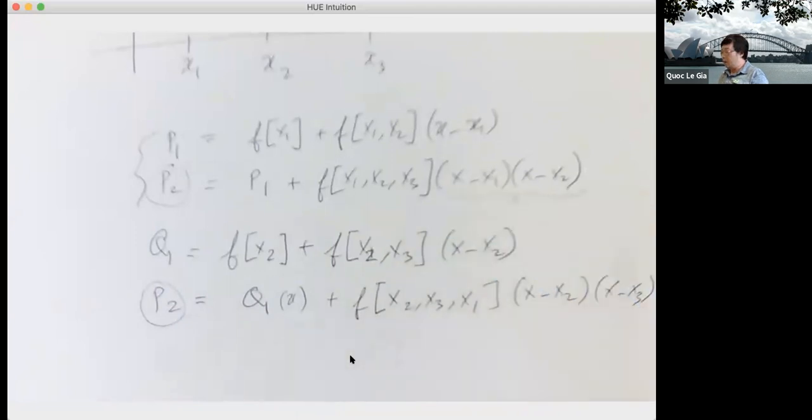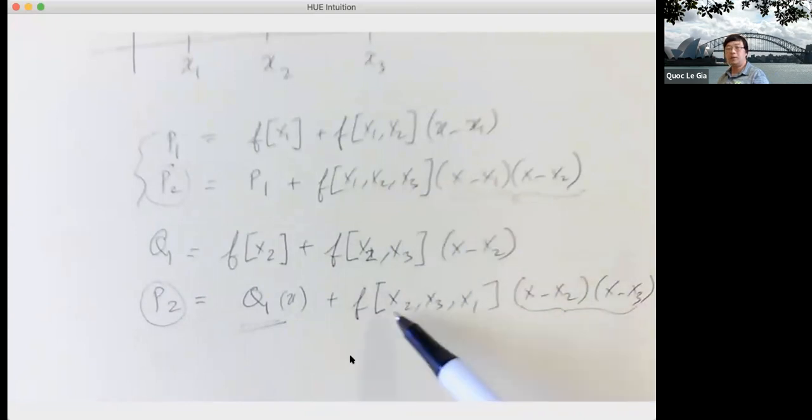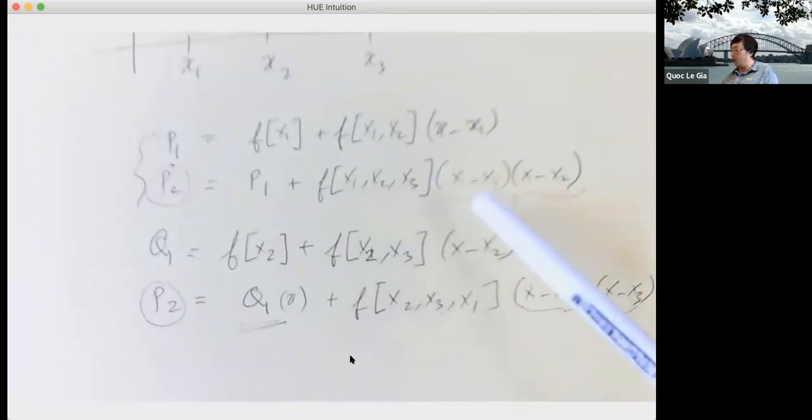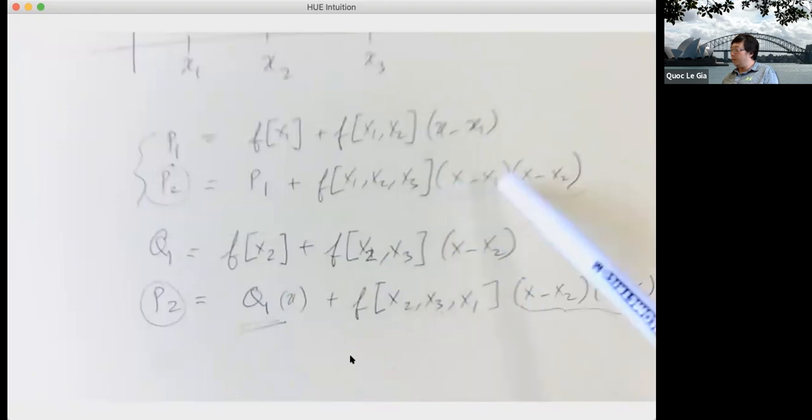And here you go from the right, you still have P2, but you have Q1 here, and then you have a product (x minus x2)(x minus x3). The index here is 1, 2, 3, here 2, 3, 1. Actually, the index here is not important, because this is still the coefficient of x squared, so they must be the same.